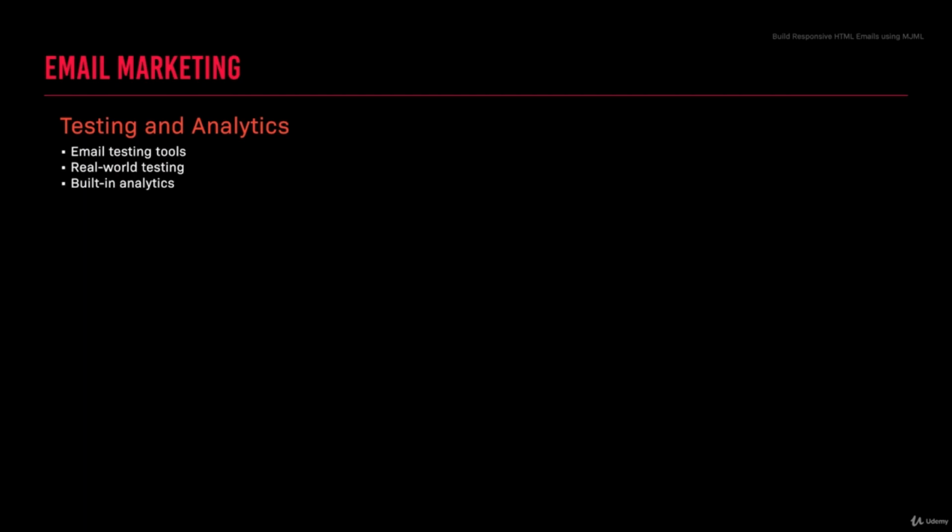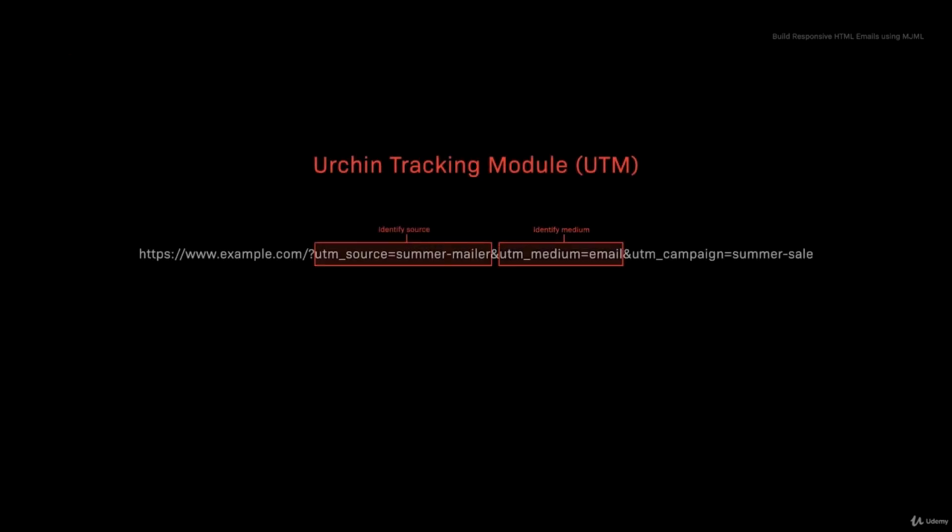Most email service providers have good analytics, such as opens, sends, and bounces, but they're not able to track further than the mailbox. If you'd like to track further than the mailbox, you should consider Google Analytics or UTM tags. UTM stands for Urchin Tracking Module or Urchin Tracking Monitor, depending on who you ask.